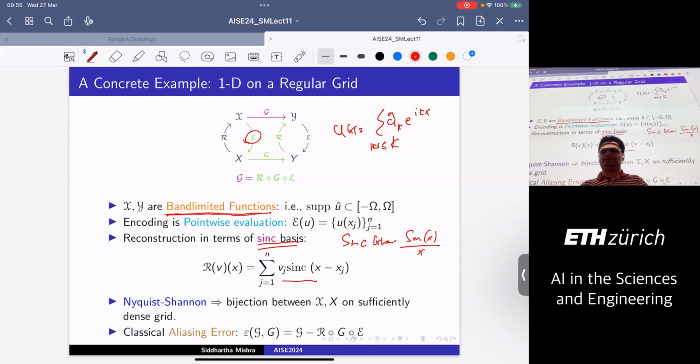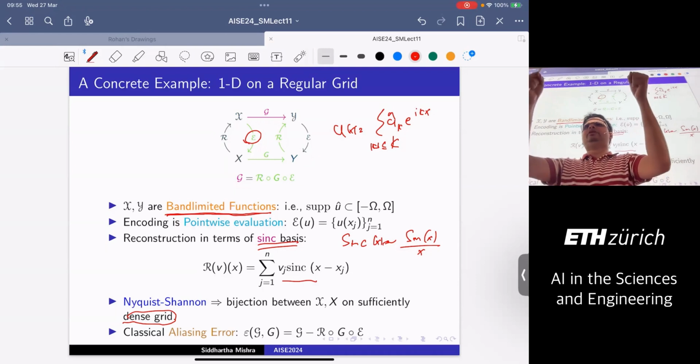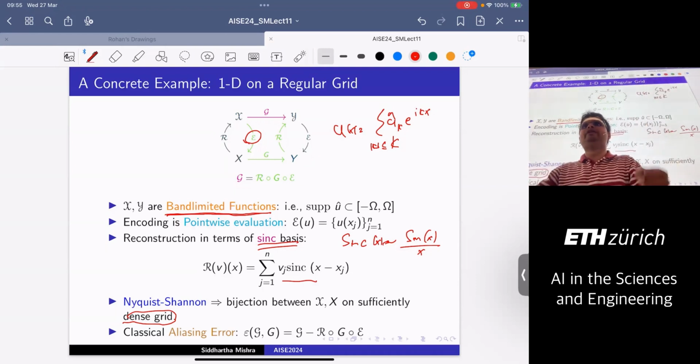And if you have a dense enough grid, so this is what is given by the Nyquist barrier. So if the number of grid points is double that of the frequencies that you are keeping, then there's a bijection. Means the continuous and the discrete are identical. So whether you have a function or whether you have its point values on a dense grid, they are one and the same. And the link between them is given by this particular thing.